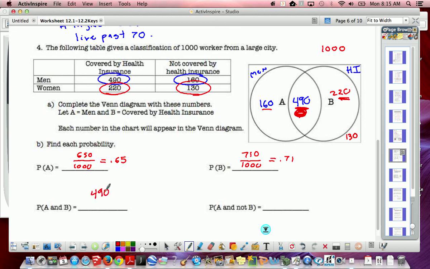So 490 over 1,000 or 0.49. And the last one is probability of A but not B. So that's this value right here, A but not health insurance. So man and not health insurance. So that would be 160 over 1,000 or 0.16.